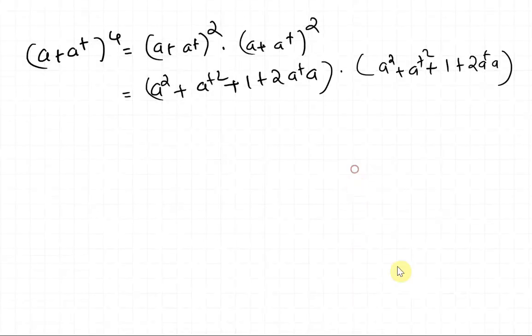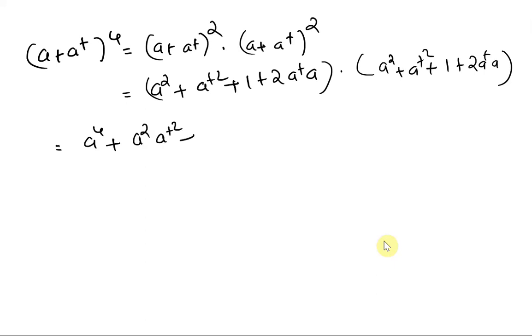Now to identify each of these operations individually, I'll multiply them. So first term multiplied with another one, it will become a raised to 4 plus first term with the second term, it will produce a square a dagger square plus first term with the third.